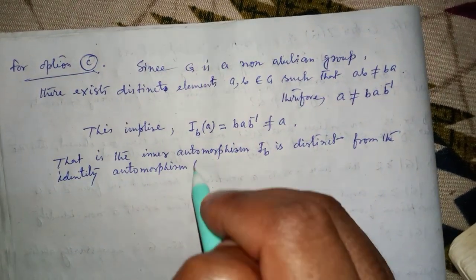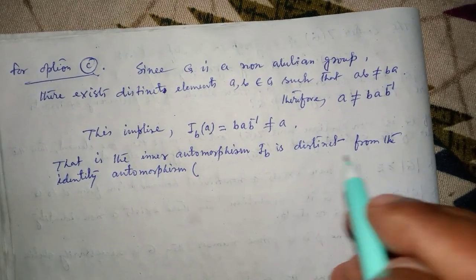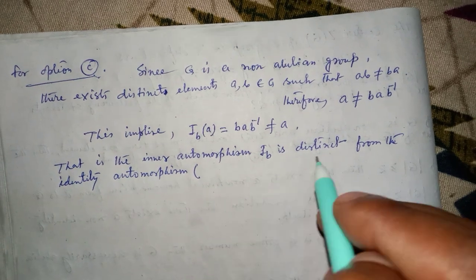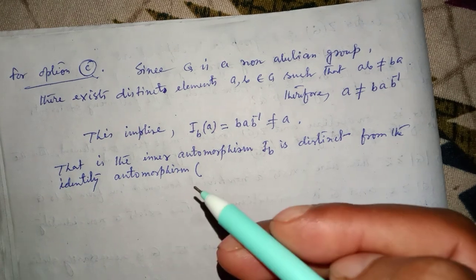Distinct from the identity automorphism means it is a non-identity isomorphism.